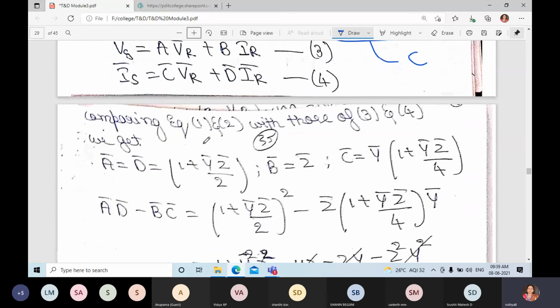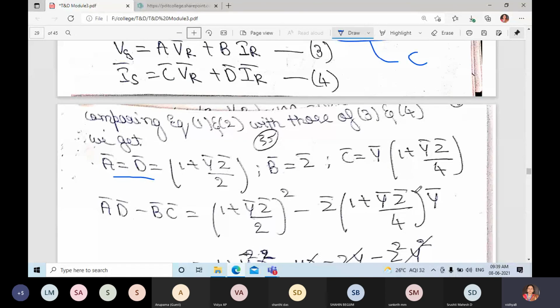Comparing equations 1 and 2 with equations 3 and 4, A bar equals D bar, which is 1 plus Y vector Z vector divided by 2. Next, B bar is equal to Z bar, and C bar is equal to Y bar into 1 plus Y bar Z bar divided by 4.